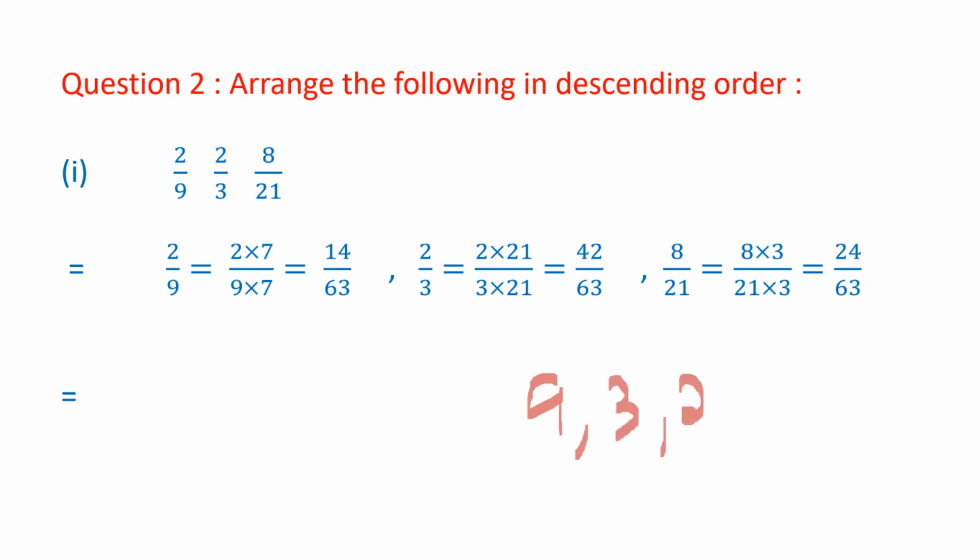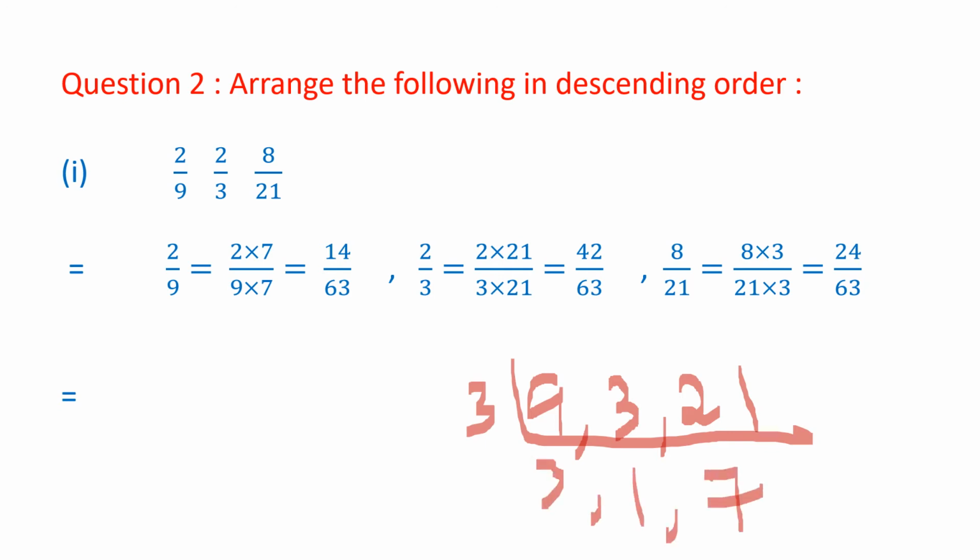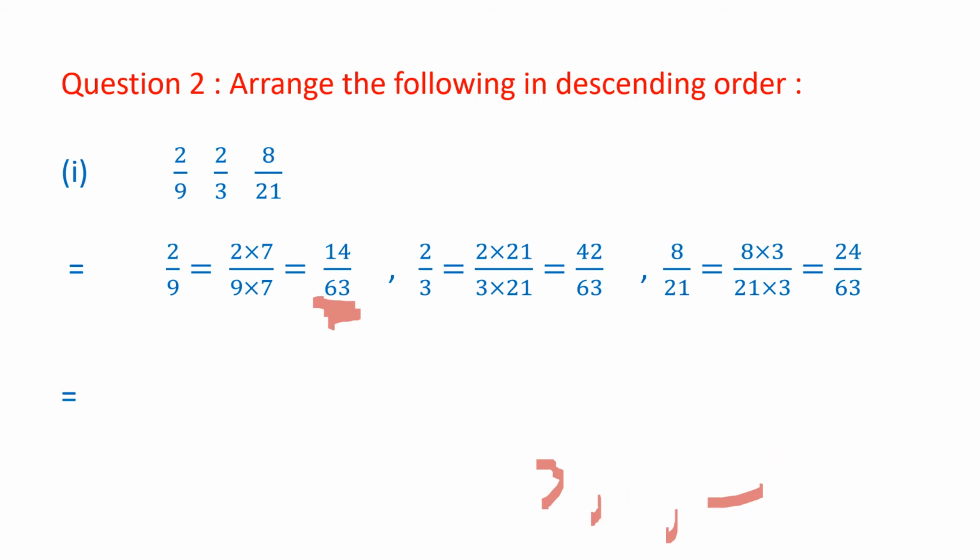So 9, 3 and 21, when you find the LCM, you're going to find it like this. 3 3s are 9, 3 1s are 3, 3 7s are 21, and you have to multiply all of this. So when you multiply, you get 63. So 63 is the LCM. You know how to find the LCM already, right?